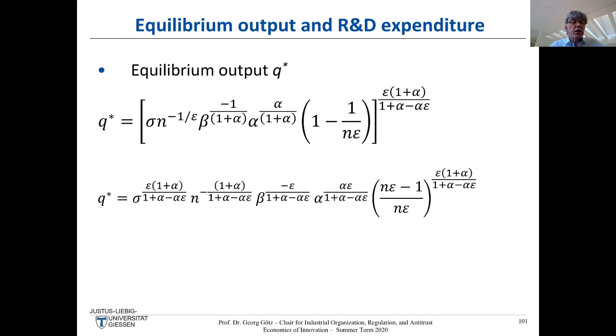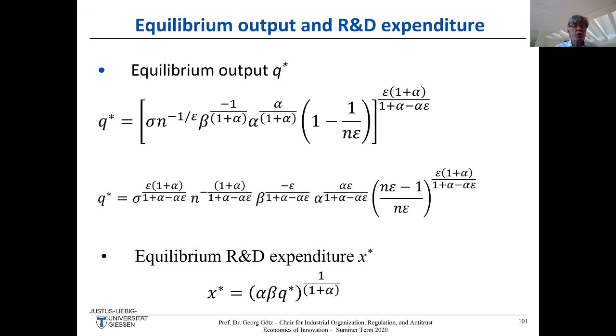So we used a specific functional form, or actually Dasgupta Stiglitz used this specific functional form in order to derive the closed form solution. This is how such a solution is called, the closed form solution for the Q. Of course, once we have the Q, we can also immediately derive the R&D expenditure, which is the same, just substituting our Q we have here into this here.